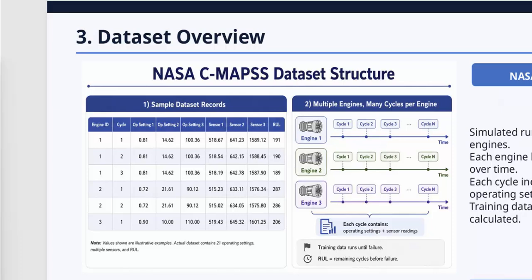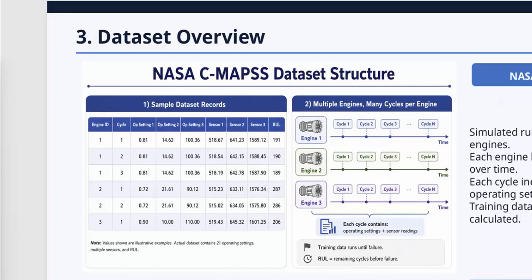It shows example rows from the dataset. Each row represents one specific engine at one specific operating cycle. The table includes the engine ID, cycle number, operating settings, several sensor readings, and RUL, the number of cycles left before failure.